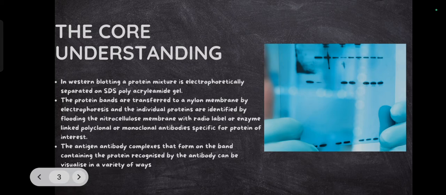The antigen-antibody complexes that form on the band containing the protein are recognized by antibodies, which can be further visualized in a variety of ways. The assay is further used in the diagnosis and monitoring of various viral infections.